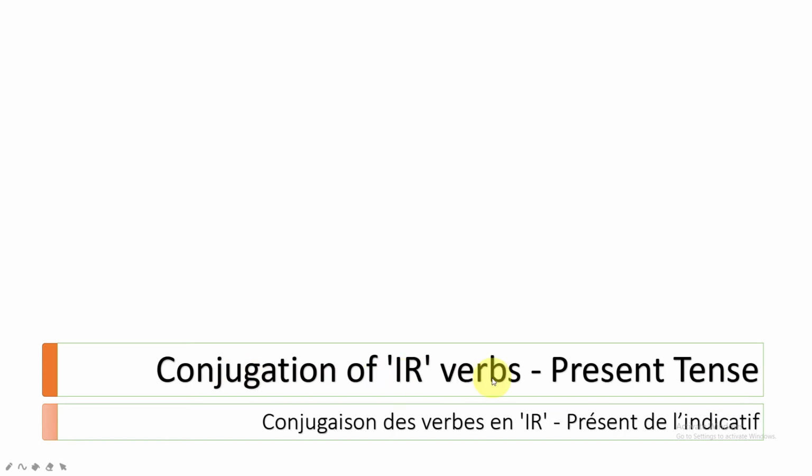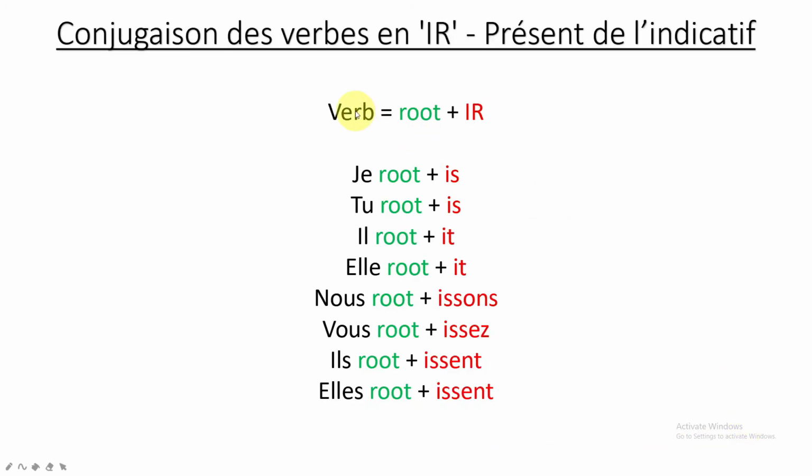Conjugation of IR verbs, present tense. Conjugaison des verbes en IR, présent de l'indicatif. Verbs equal root or fixed part plus IR. So you see that fixed part, we are going to return it for all subjects.